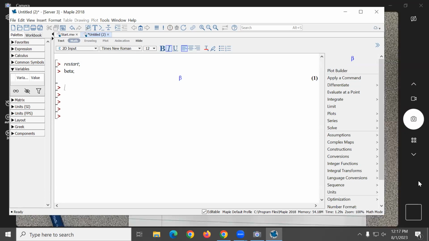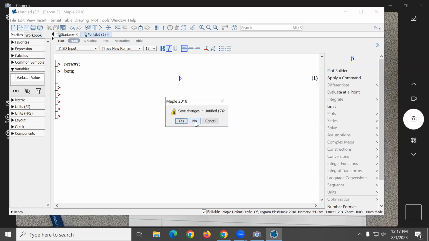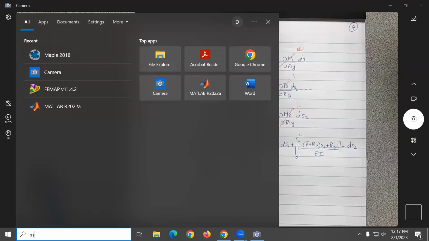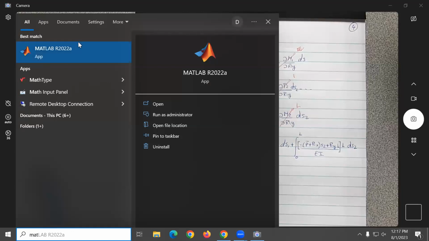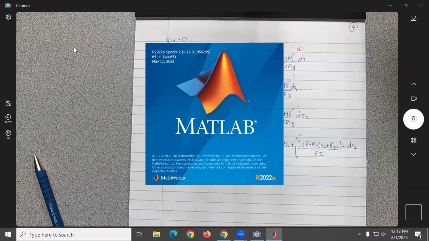So if you have equations like alpha, gamma, MATLAB is not able to show it symbolically. But since this one is maybe not symbolic, I don't care. Let's use MATLAB. The only thing is, don't expect the output to look that good. In this case, I don't think it's a big deal. So let's switch to MATLAB.